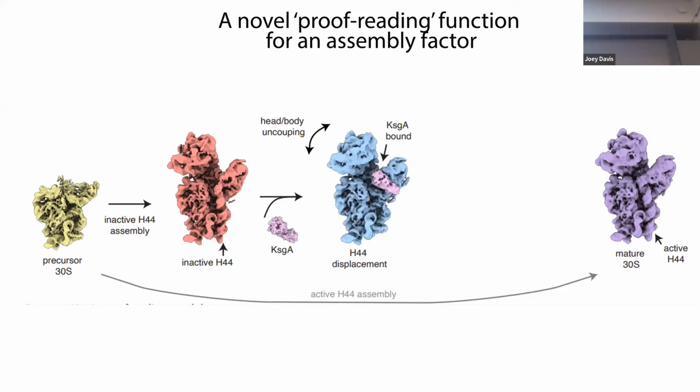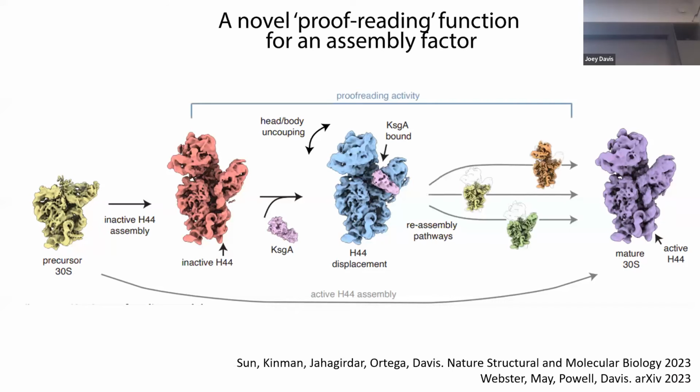KsgA comes in and recognizes this specifically. Upon binding, it displaces helix 44. That leads to a bunch of other conformational changes I didn't describe for you today, including uncoupling of the head. That's why they grossly look less mature. But these particles have a new chance to assemble in the proper conformation, increasing the overall assembly fidelity by going through this proofreading step.